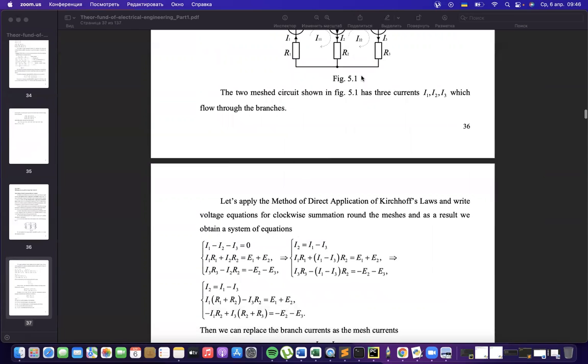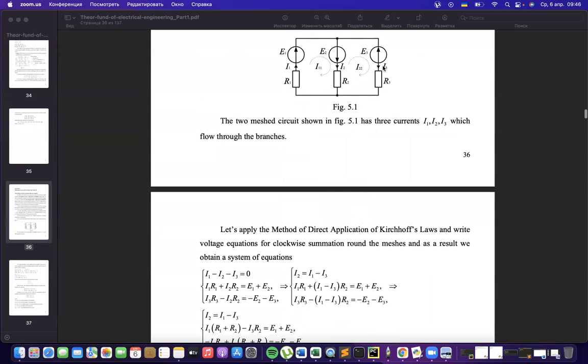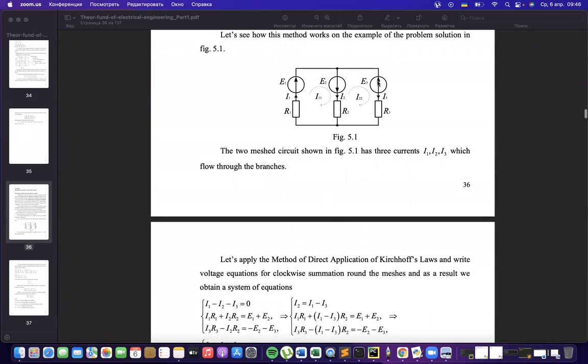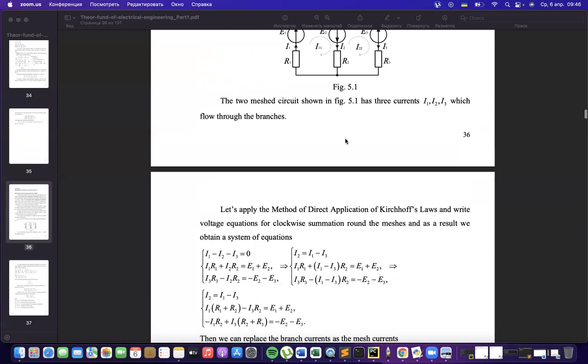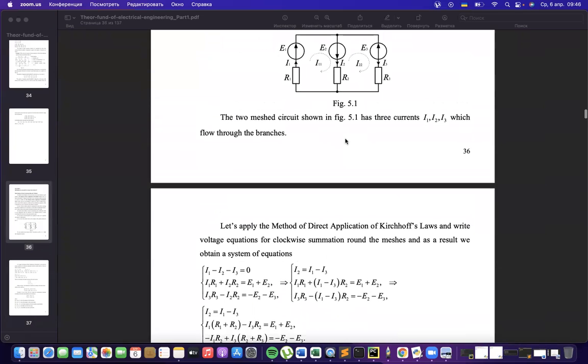Then instead of 3 real currents, 1, 2, 3, for this example, we will calculate firstly 2 mesh currents, and it will decrease the number of equations from 3 to only 2. Let's see the whole picture.